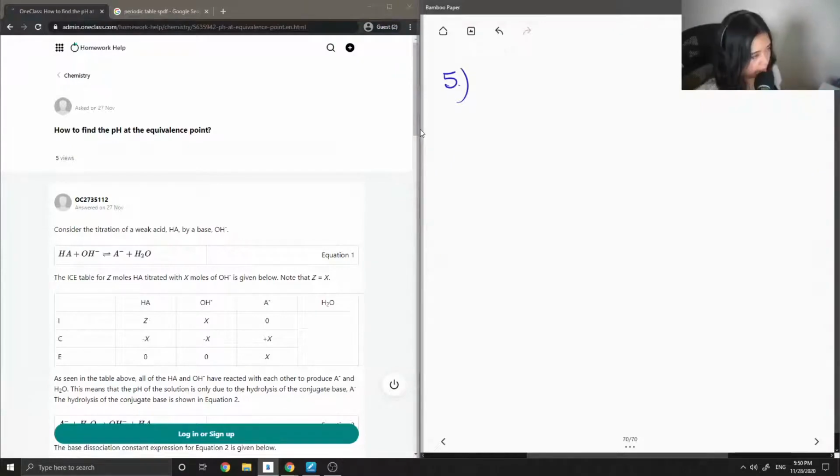So first I'll write down the definition of equivalence point.